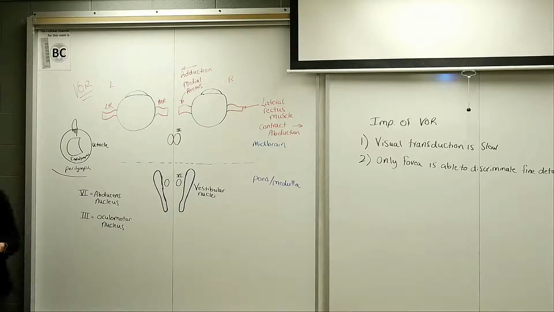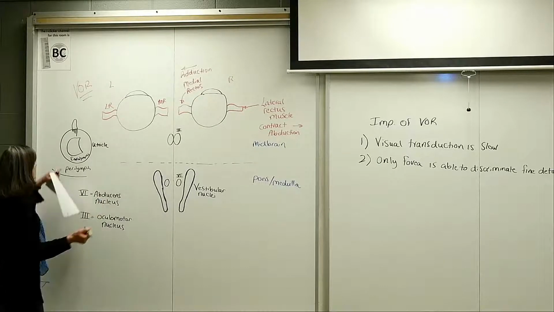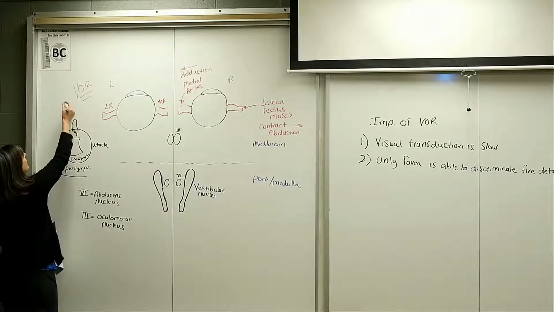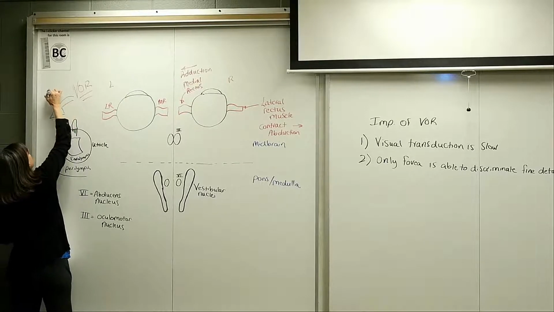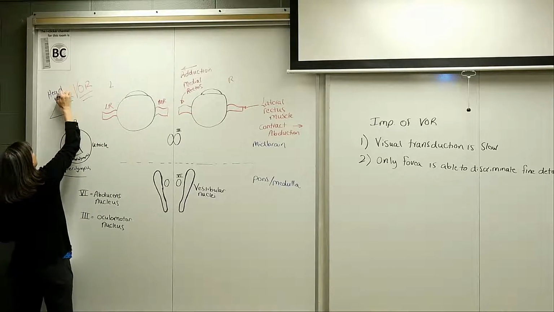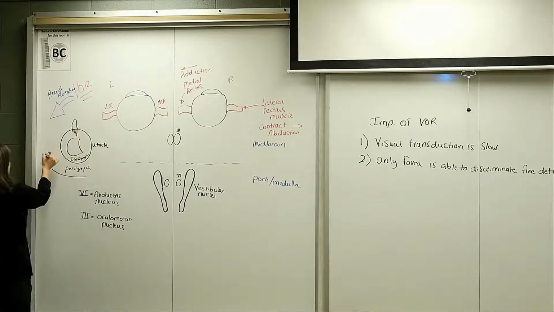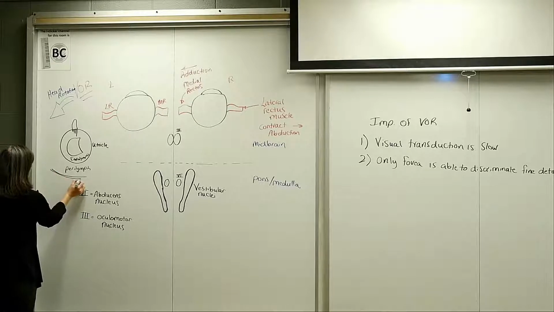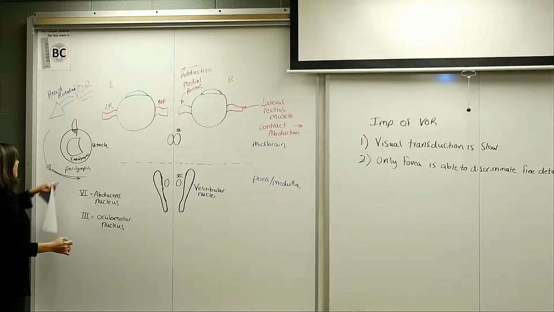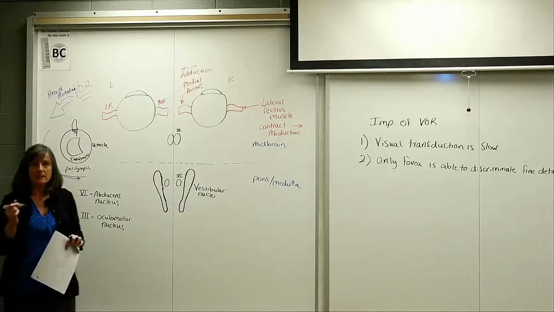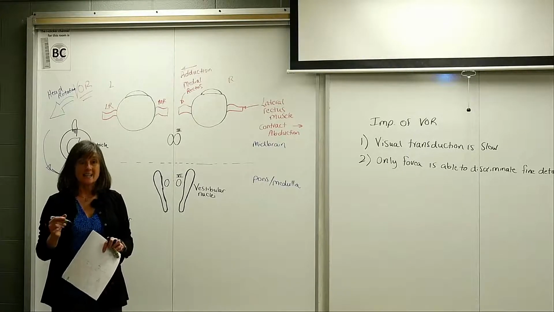Okay, so let's decide that we have a head rotation. Again, we're talking about the horizontal semicircular canal here. If we have a head rotation to the left, this is just my arrow indicating head rotation, the bony area is going to turn towards the left. But this endolymph, because it's a liquid, is going to have inertia and it's going to lag.